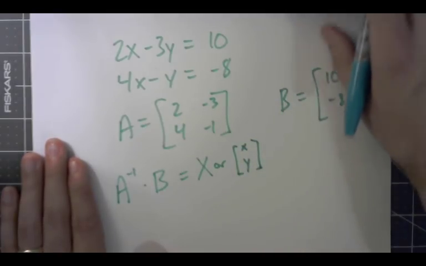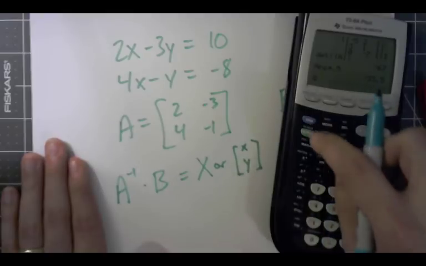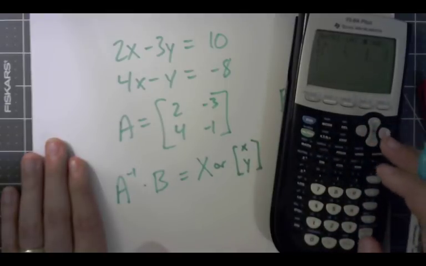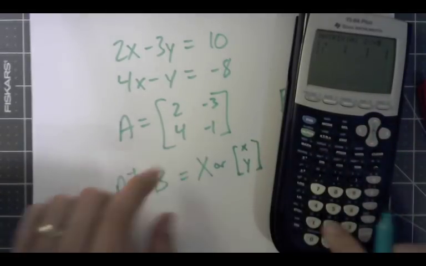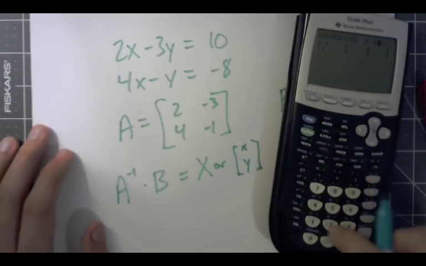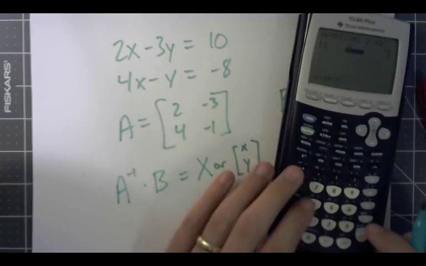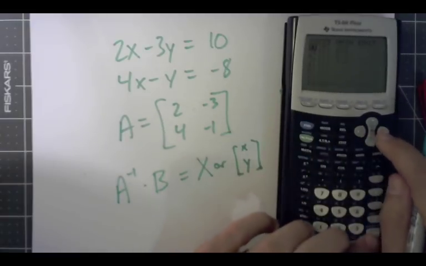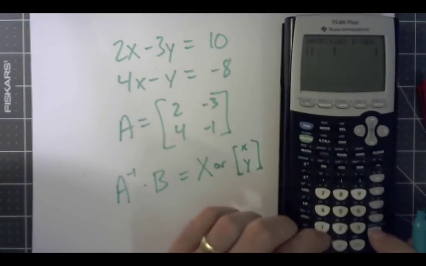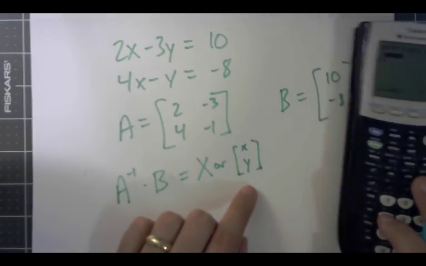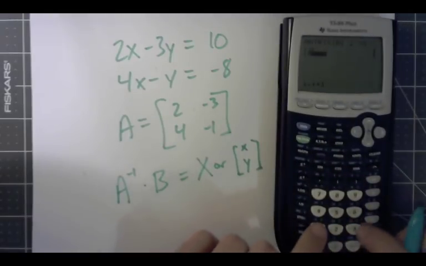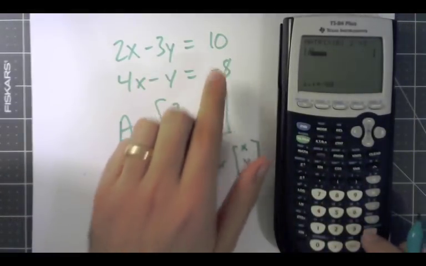So I'll plug these into my calculator. Second, matrix, edit A. I have a 2 by 2, 2 rows by 2 columns. Matrix 2, -3, 4, -1. Then B is 2 by 1, with 10 and -8. These two numbers right here.